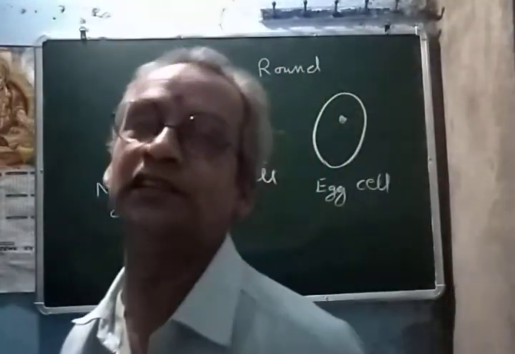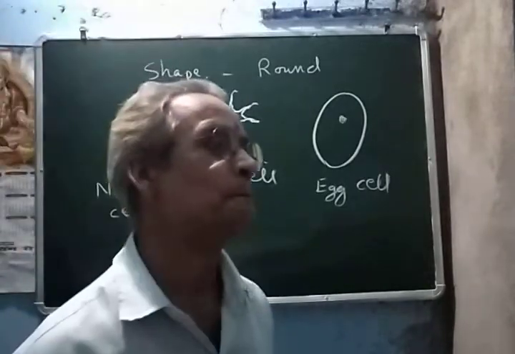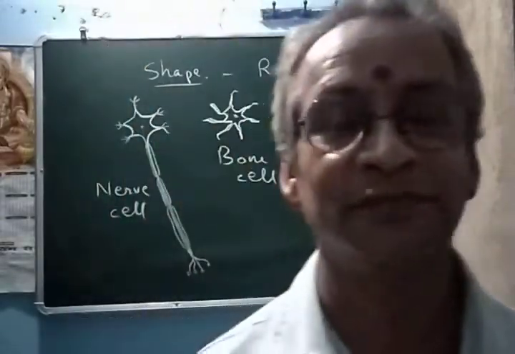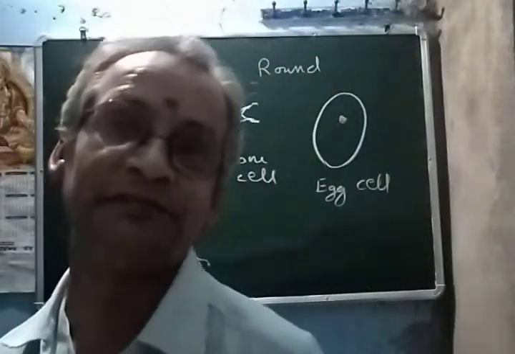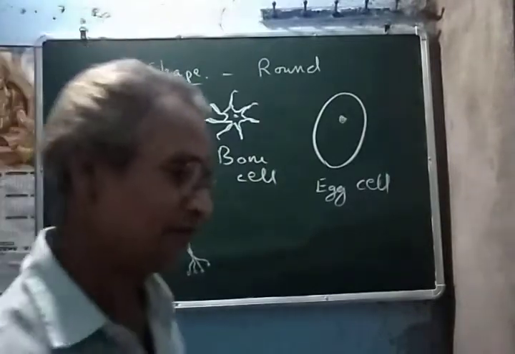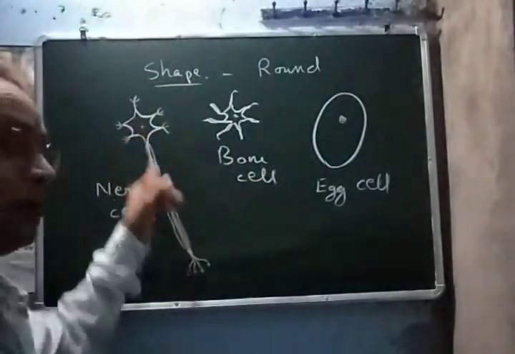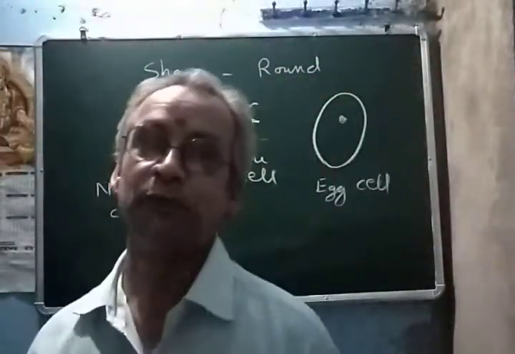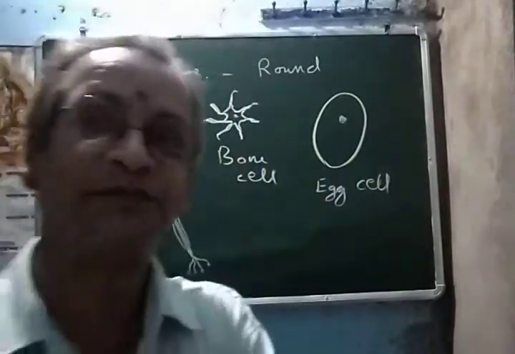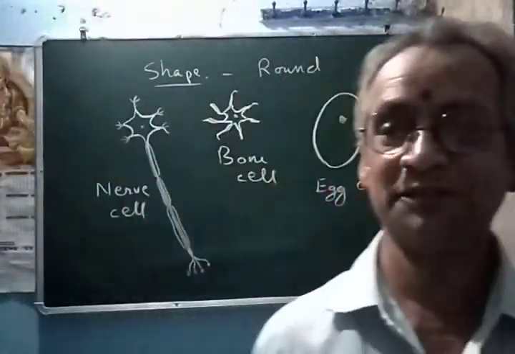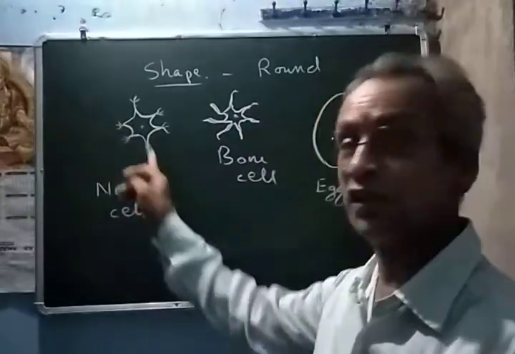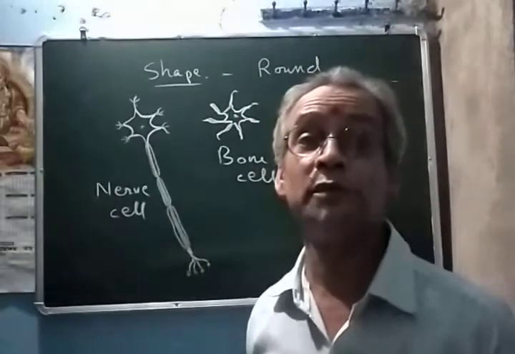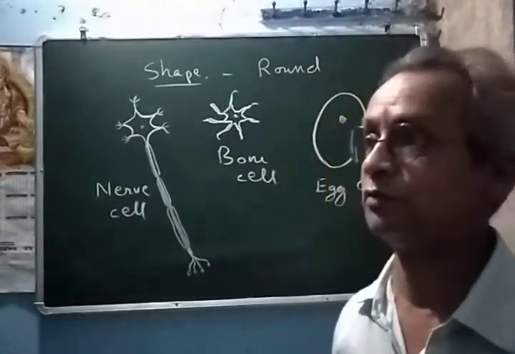And some cells are a few centimeters in length. Our nerve cell or neuron may be up to 1 meter long in length, about 100 centimeters.